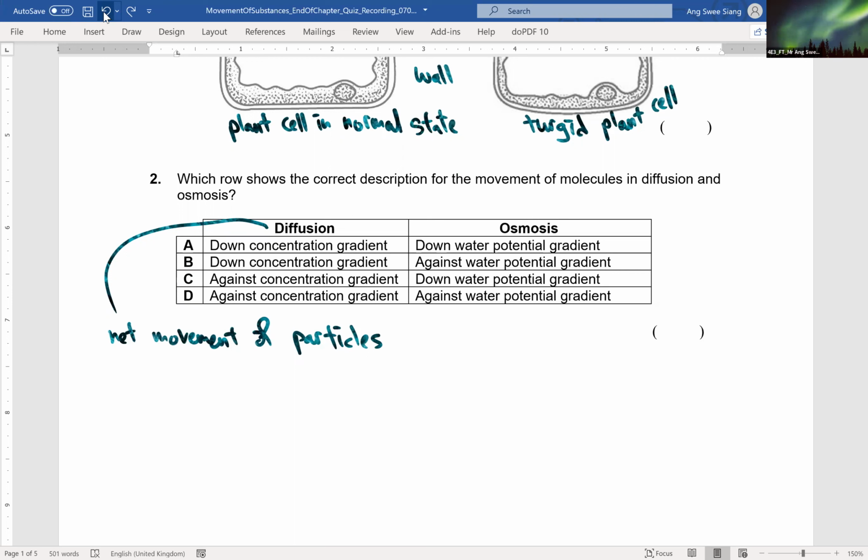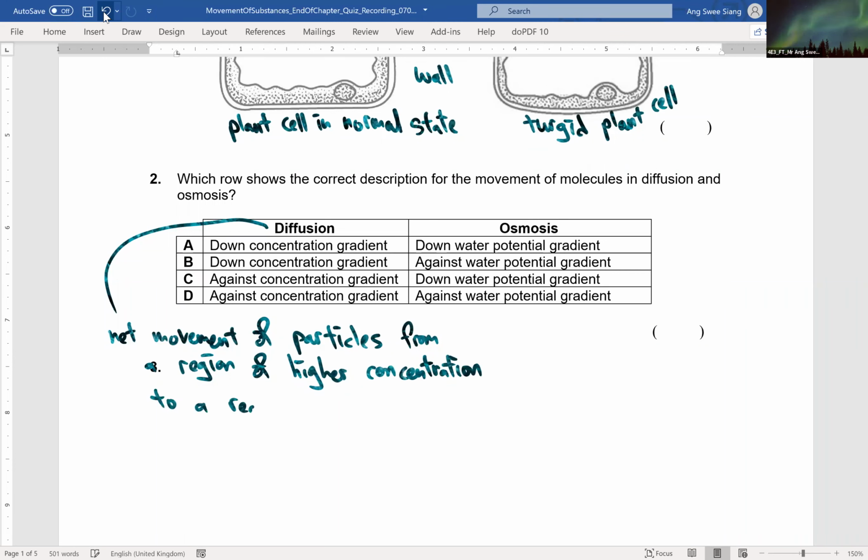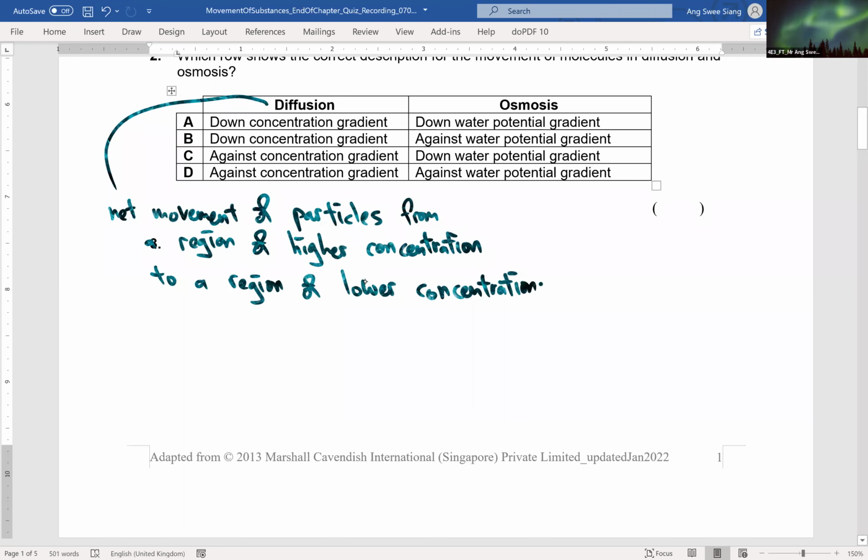Diffusion is the net movement of particles from a region of higher concentration to a region of lower concentration.